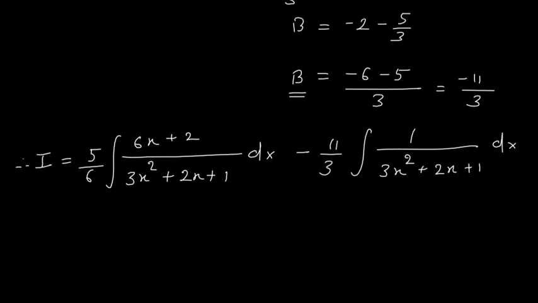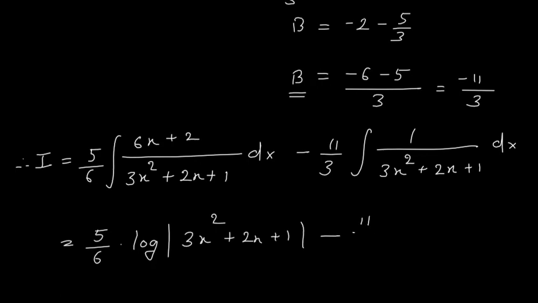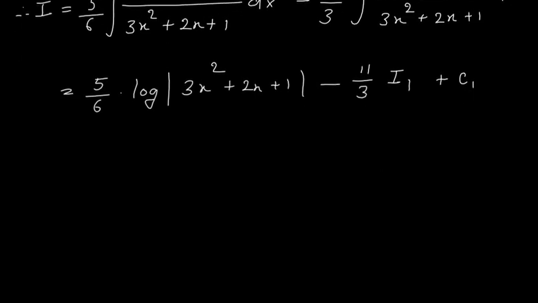Now the integration of the first part is 5 upon 6 into log of 3x square plus 2x plus 1, minus 11 divided by 3 times, let us take this as I1, plus some constant of integration C1 because of the left part. Let us consider this as equation 1.